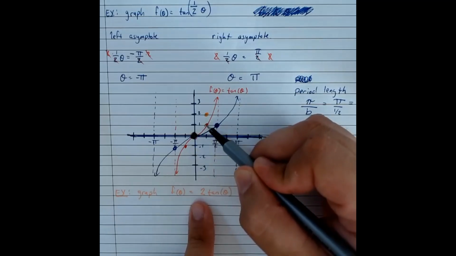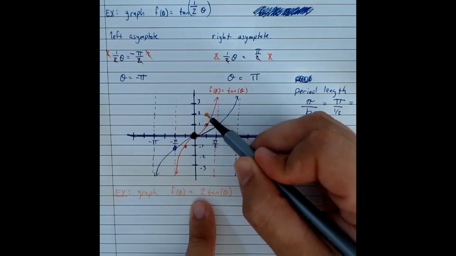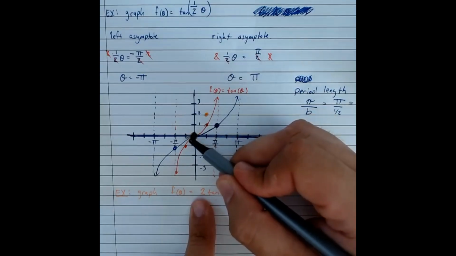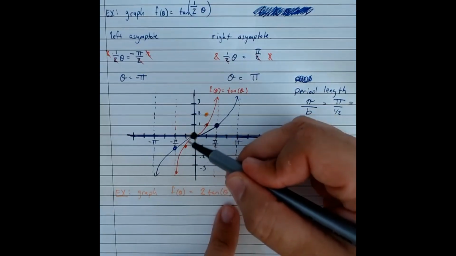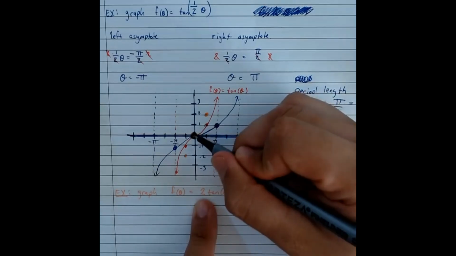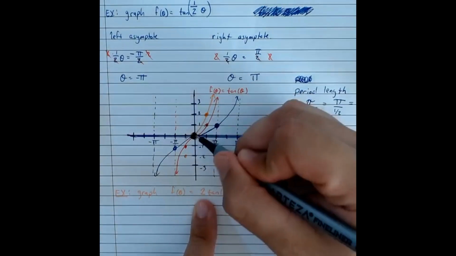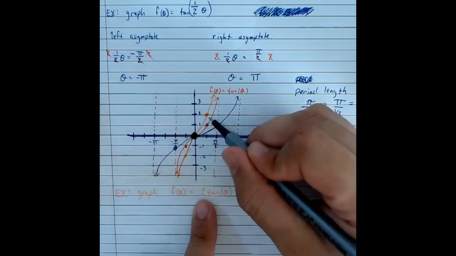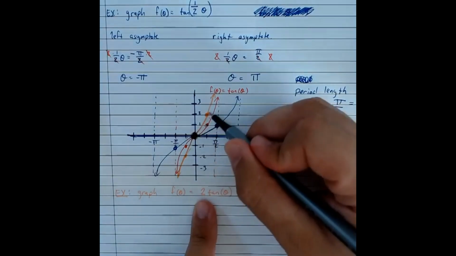But here, this point has a tangent value of 1, so doubling it gives you a tangent value of 2. Likewise, this value of theta has a tangent of -1, so doubling it will give you a value of -2. It's still going to follow the asymptote, so it's still going to go up forever and down forever. Rather, it's the points in between that become affected.